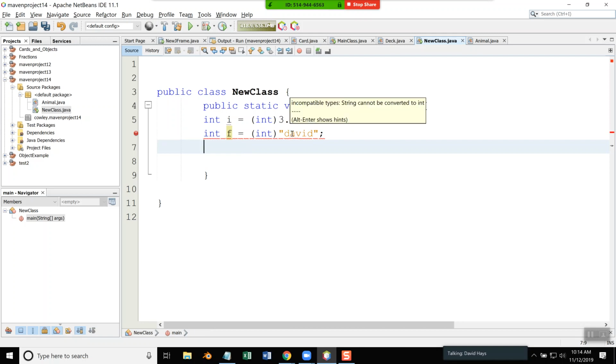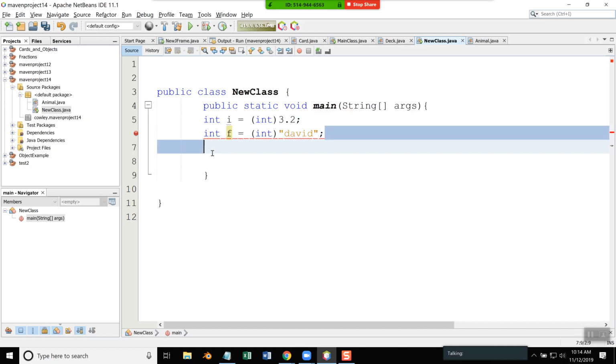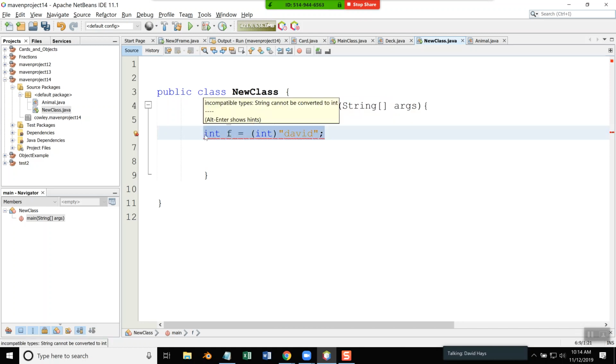But you can't cast this. Doesn't make any sense to convert a string to an integer. Although we've seen already that we've got methods that have been defined to allow us to do that. But just with the data types right here, you can't do that.